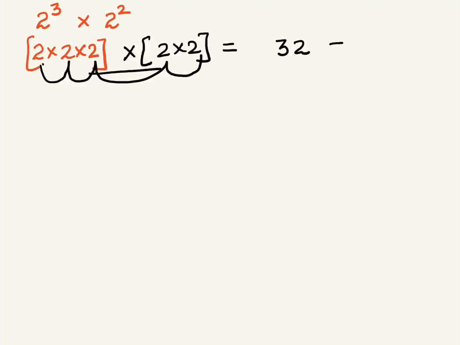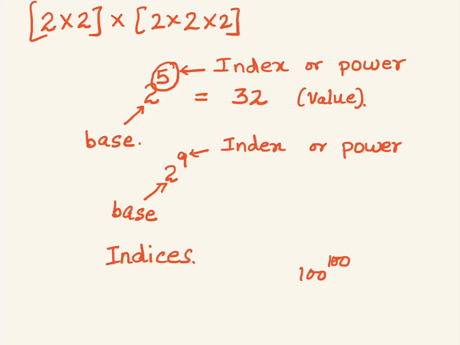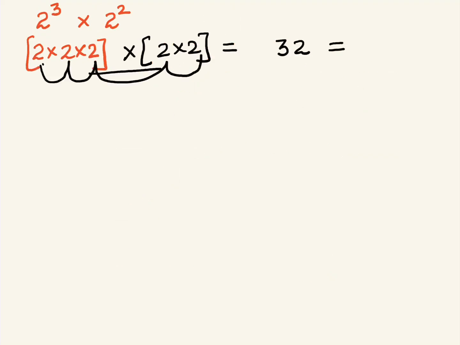Now interestingly, if you see, this is the same as 2 to the power 5 that we did just now, right? So I can write this as 2 to the power 5. Oh, look at that. 3 plus 2 is also 5.